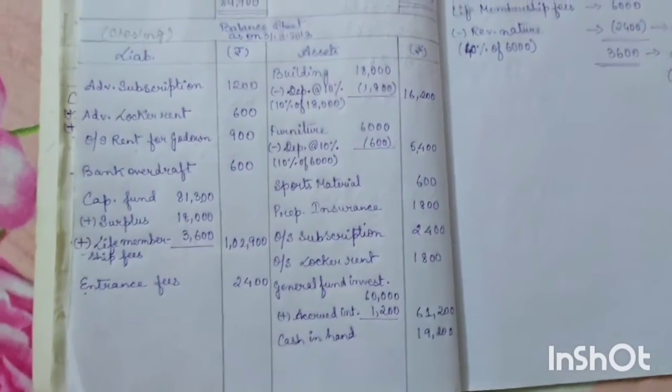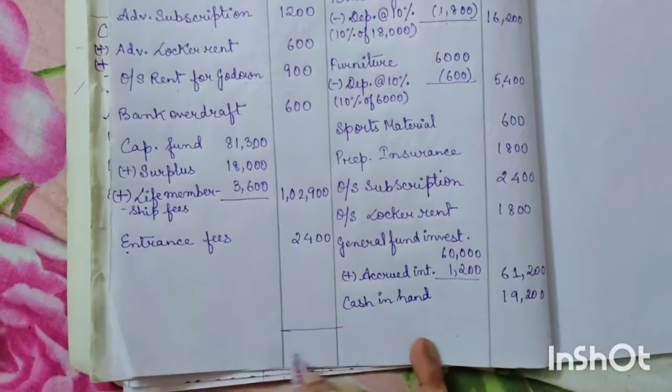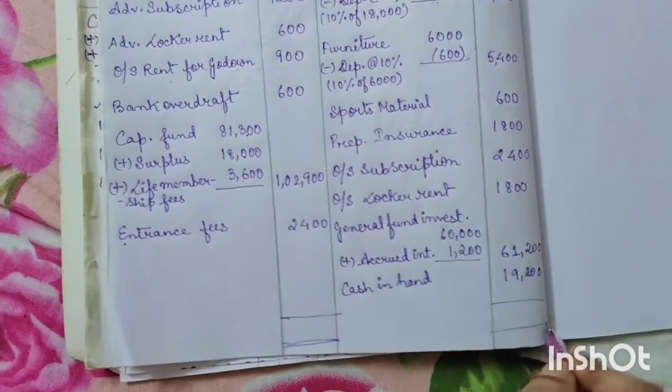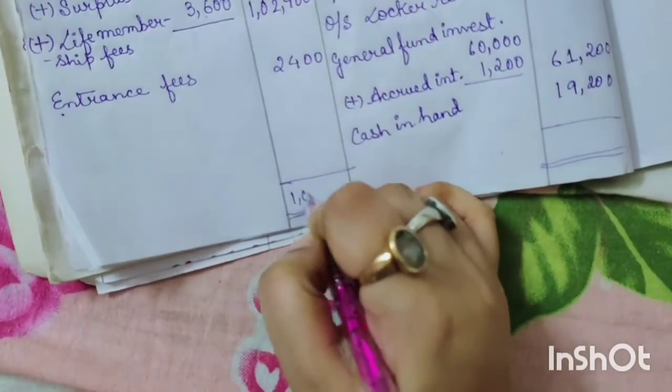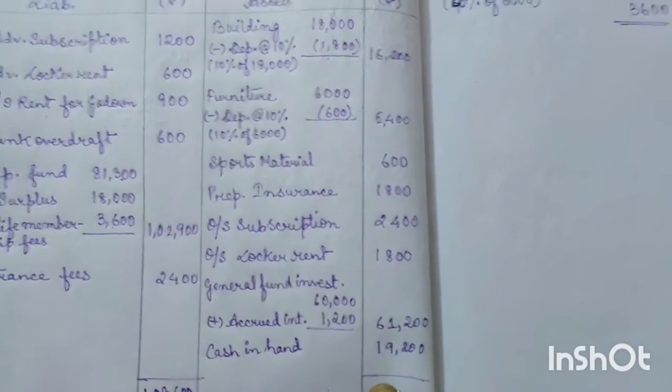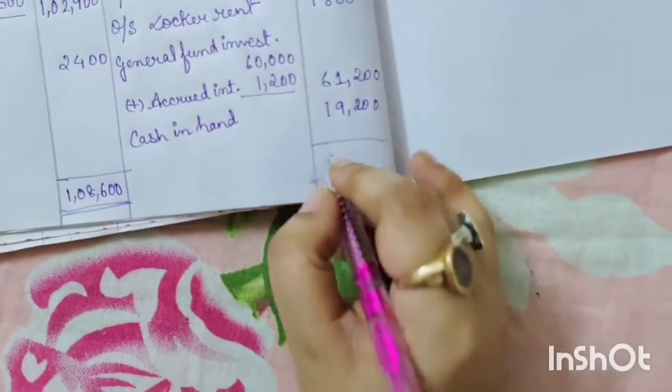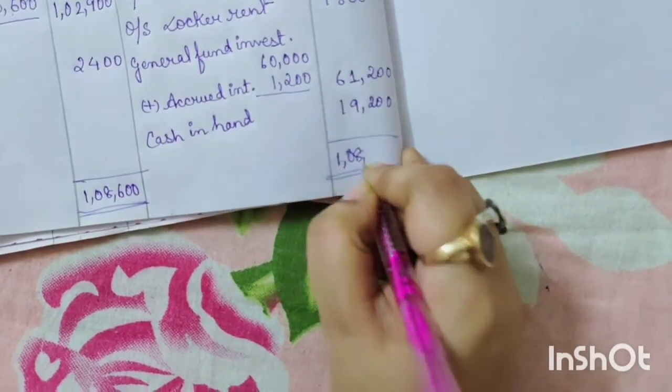Now we have to total both the sides. Here we will get 1,08,600, and here also the total will be 1,08,600.